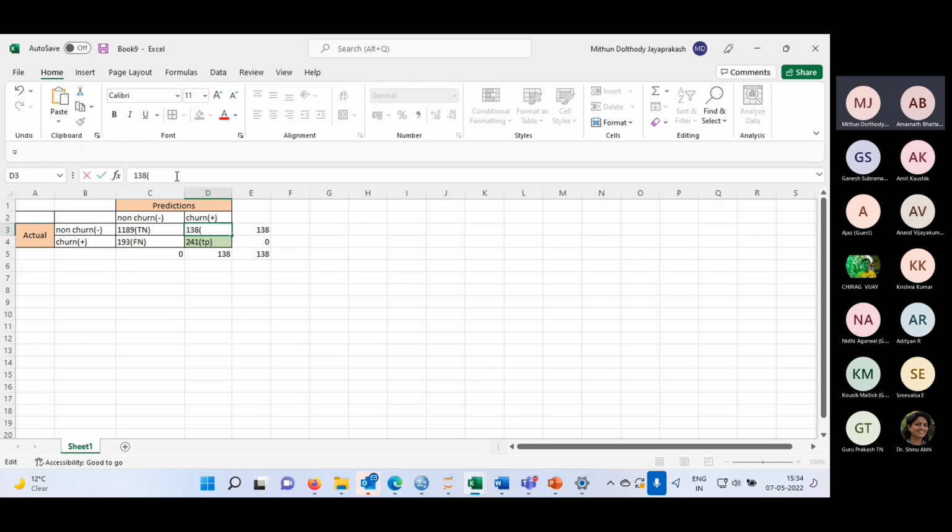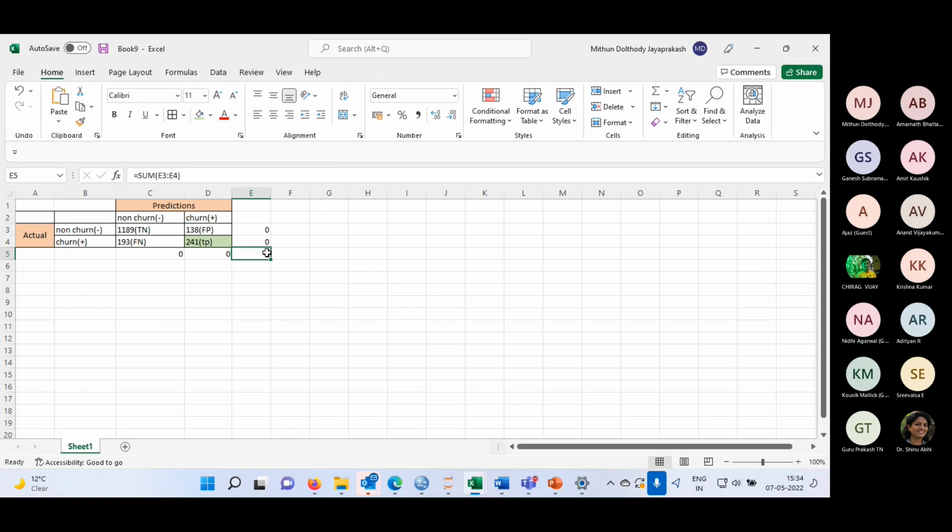False positive. What is the meaning of this? This is a case of FP. Sorry, my apologies. This is false positive. Are we clear with this? What is true negative? What is true positive? What is false positive? What is false negative?